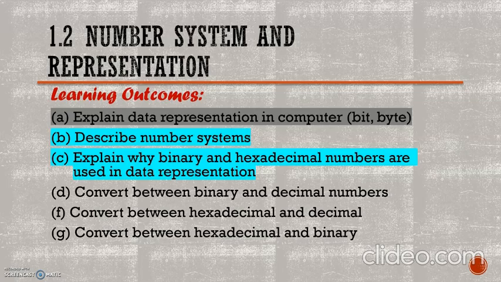Now for this video only, we are going to cover learning outcomes B and C. I'm going to explain to you about number system, and a little bit about why binary and hexadecimal numbers are the only number systems used to represent data. Conversion of numbers is in the second part of the video.